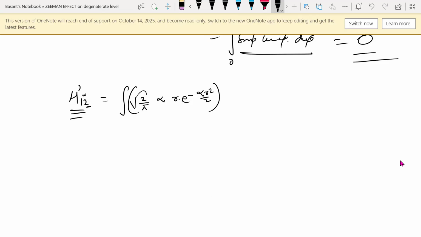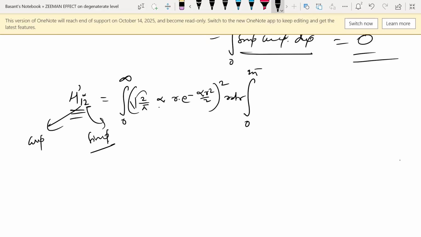So this becomes alpha square and r dr. This is the radial part, with integration from 0 to infinity. Now for the phi part, for 1 it is cos phi and for 2 it is sin phi.